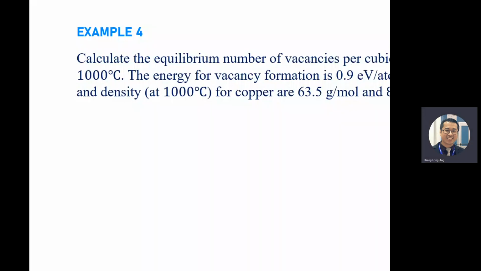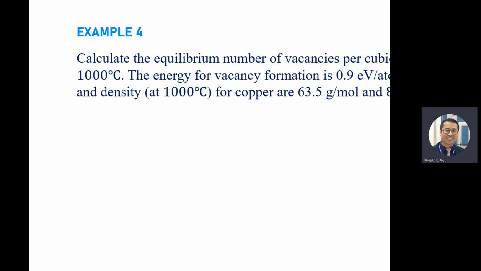Okay, let's apply the formula. Calculate the equivalent number of vacancies. It's quite direct. When you see equivalent number of vacancies, it means you calculate the capital N_V per meter cube for copper at 1000 Celsius.